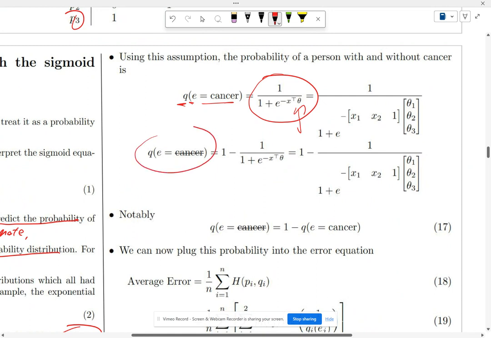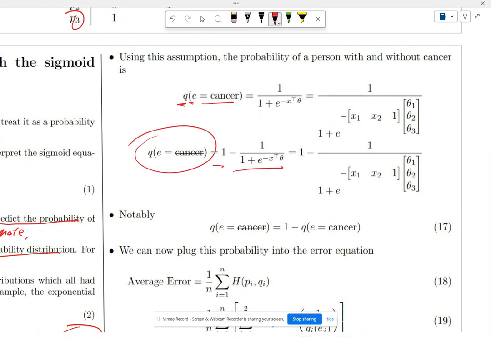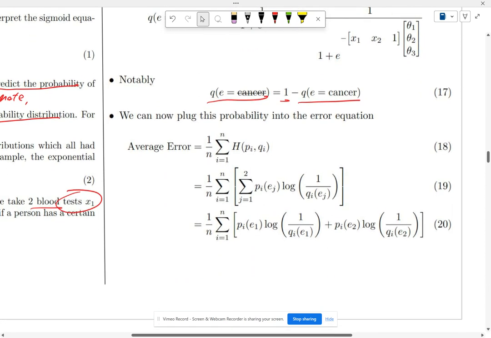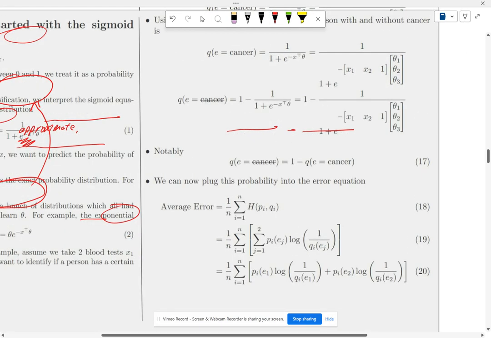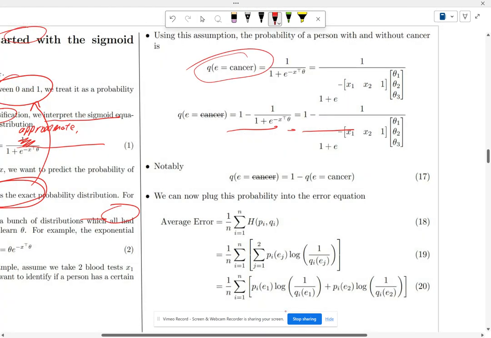And the Q probability that there isn't cancer is just the opposite, 1 minus the probability that there is cancer. Therefore, 1 minus this here. So now we can plug this probability into the error equation. We're going to plug this Q of E into here.